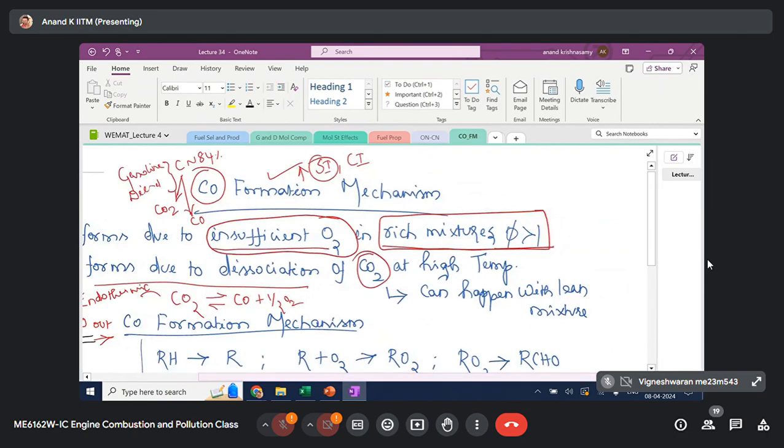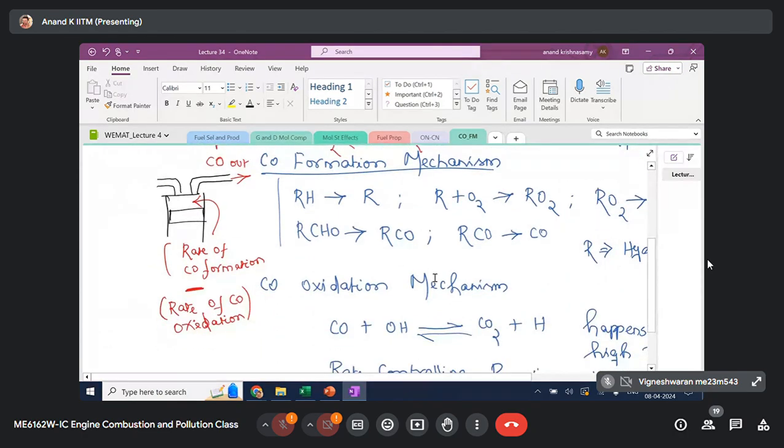Wherever you have high CO2 levels and high temperature, CO2 is going to dissociate, even with lean mixtures. So what I want to highlight is that not only rich mixtures, but lean mixtures can also form CO depending on the prevailing operating temperature. But the primary source is the rich mixture, where the CO levels are going to be high.